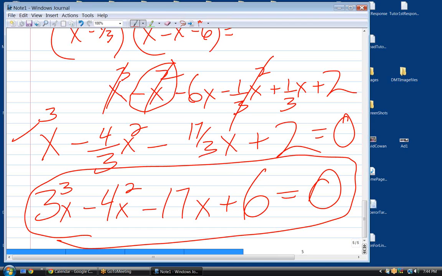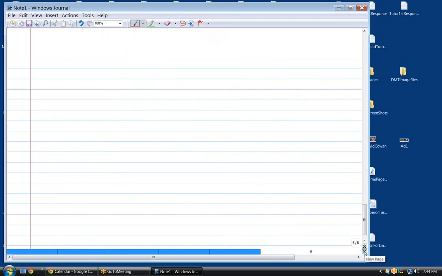Okay, so the next one is, well, it says determine if -2 is a root, so that means I just have to do synthetic division, right? Yes. Okay, so I know how to do that. And the thing that goes in the square is the root.